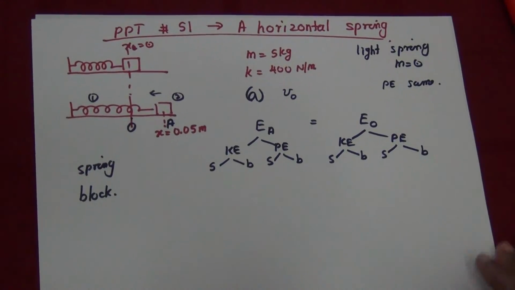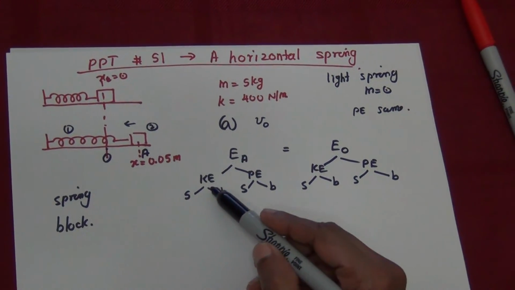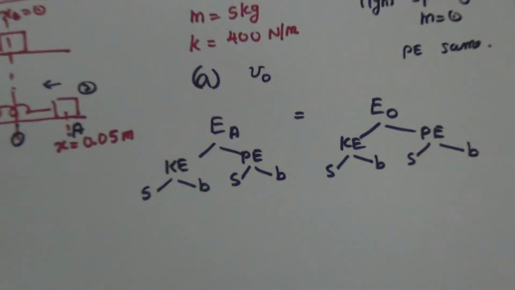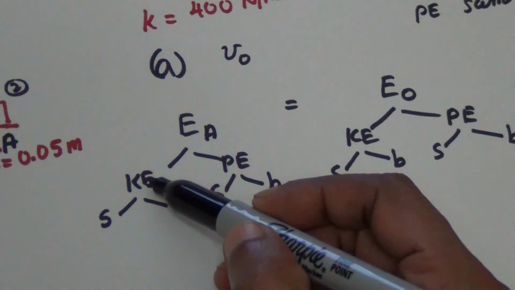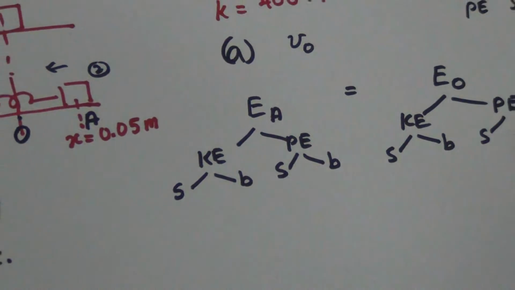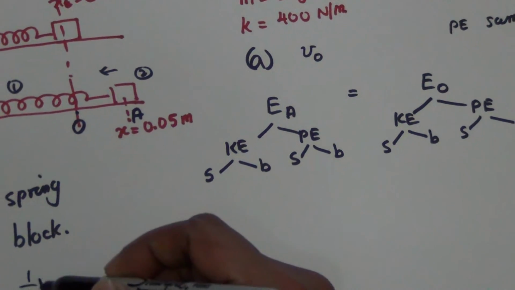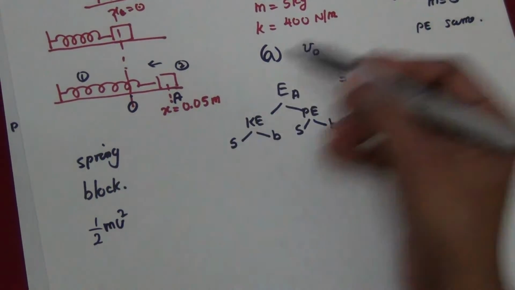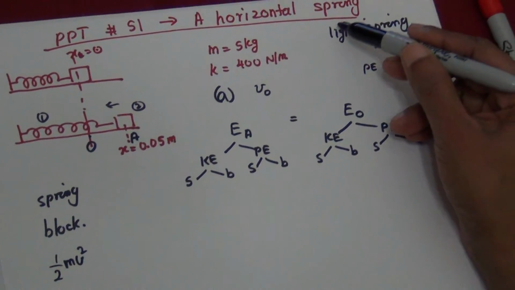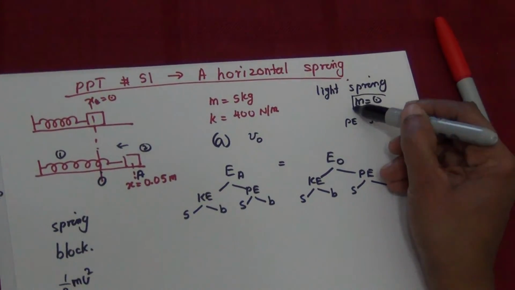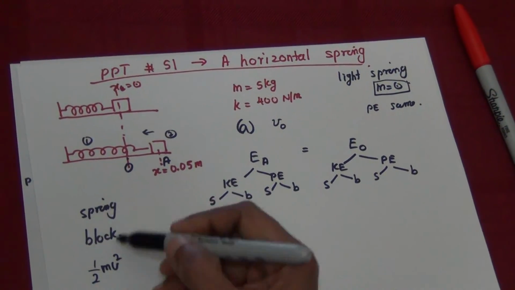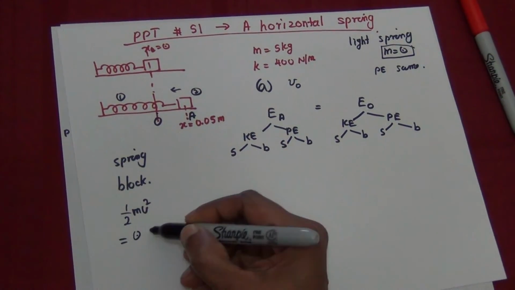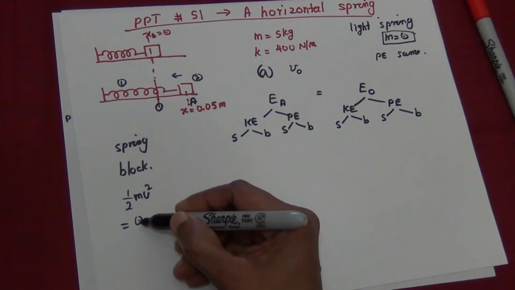Now let's substitute the values for the kinetic energy of the spring and the kinetic energy of the block. You know kinetic energy is 1/2 mv squared for any object. Since we always have a light spring and its mass is 0, the kinetic energy of the spring is always going to be 0.